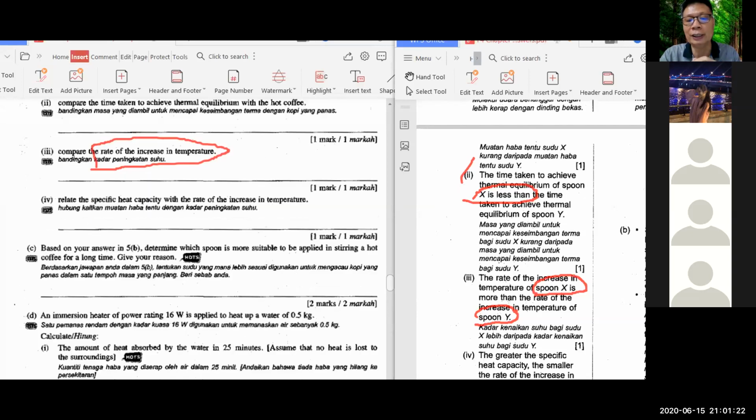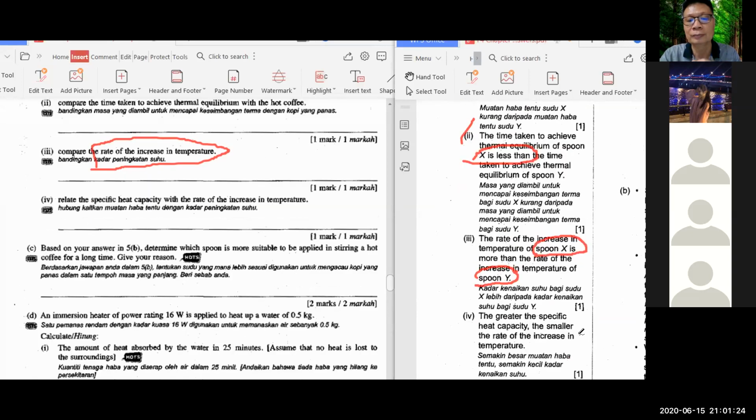Now you see the answer here. The greater the specific heat capacity, the smaller the rate of increase in temperature. Because specific capacity is big, the temperature heats up slower. So you say smaller the rate of increase in temperature. Understand?